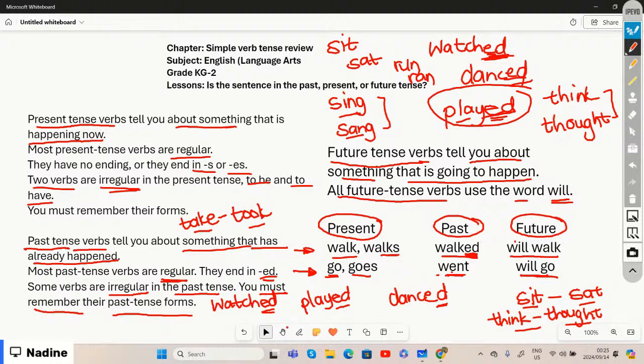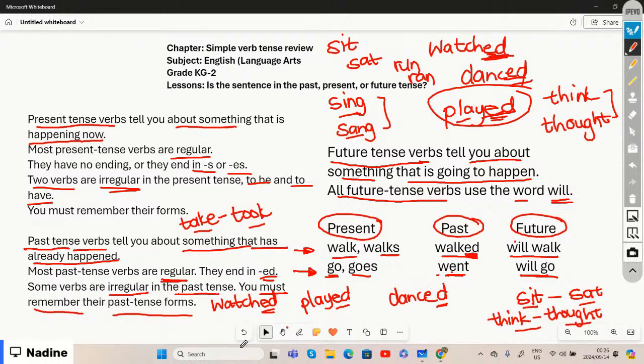And if we make mention of a regular past tense, our regular past tense verbs are going to end with an ed or a d. For example, watched or played or danced. But then we have some irregular past tense that shows us that something has happened already.